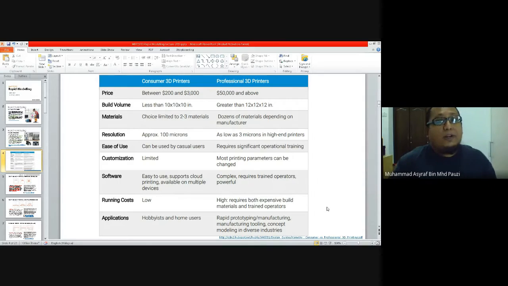Material. Okay, for the material, normally they have a limited choice of material. For a cheap normal printer like what you see in Lazada, they require only one or two materials. If they are using FDM technology, they only require PLA, or polylactic acid, or ABS.